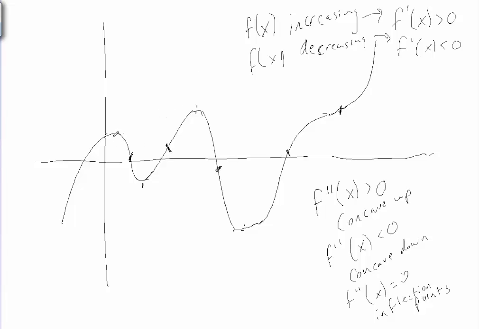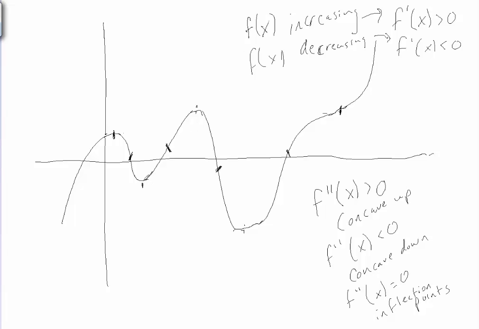So let's take this particular x value right here. What we'll find is the first derivative will equal 0. The second derivative will be less than 0, which will tell us at that point we have this turning point in the graph that is concave down, so that's going to be a relative maximum.